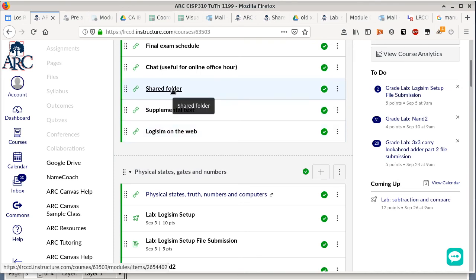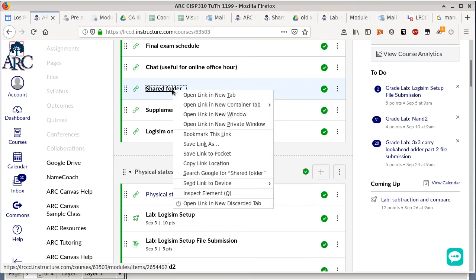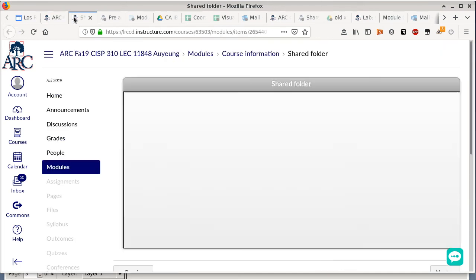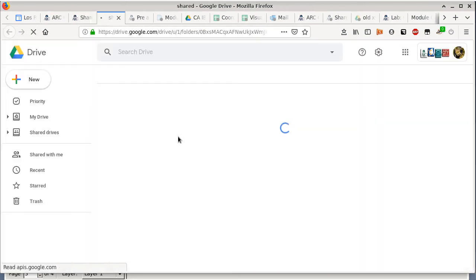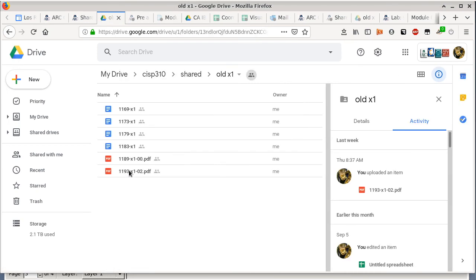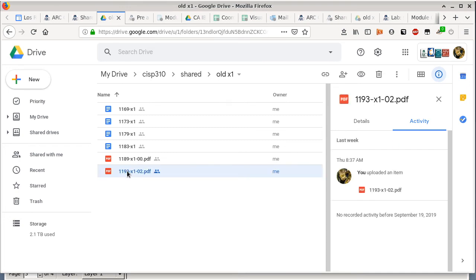You can find it inside the share folder. I'm hoping that some of you have looked at it already because I think I told you about the share folder at least last time. When you look into the share folder, you will find X1, which is exam 1 or old X1, and that's where you'll find some of the previous exams for this class. I'll focus on the one that I just gave last semester as exam 1, because the more recent, the more likely I would use the same kind of question.